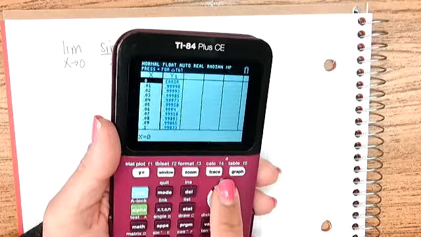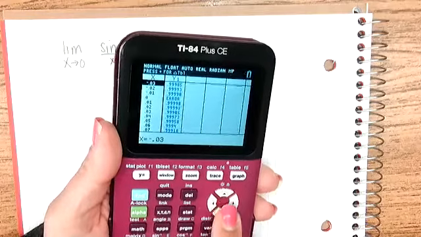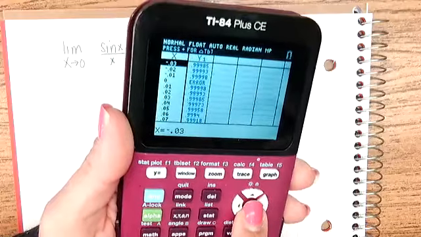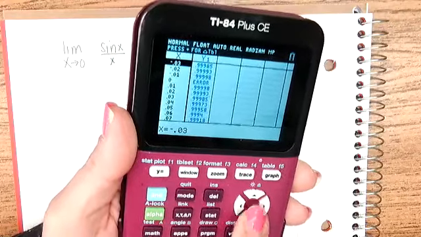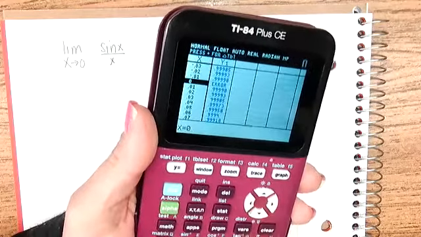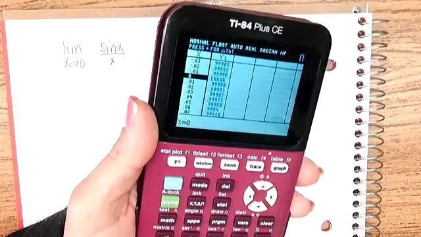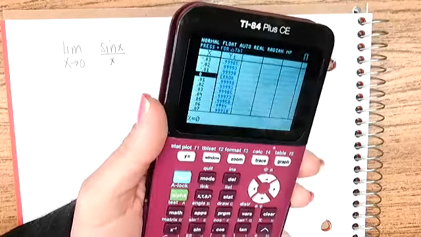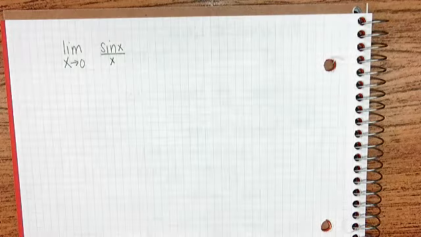It looks like it's approaching 1 to me. Doesn't it look like that to you? I'll just pretend you're saying yes, since I can't hear you. So the exact value is undefined, but the limit exists, and the limit from the right is equal to the limit from the left, which in this case is 1.